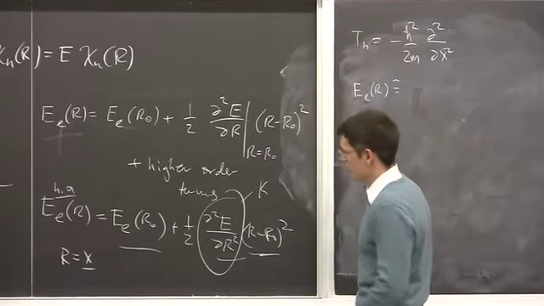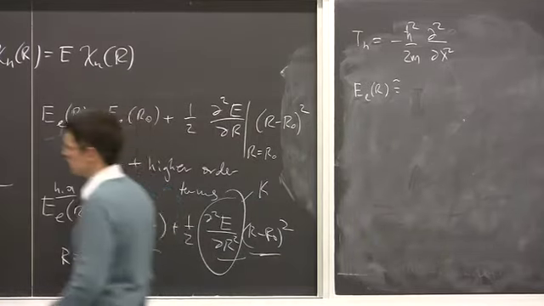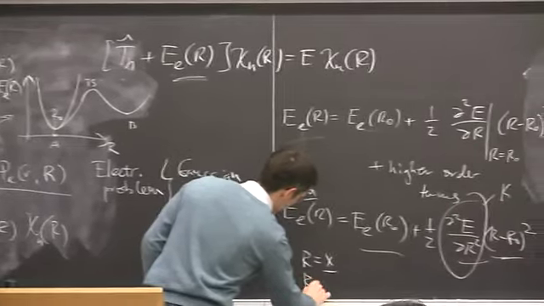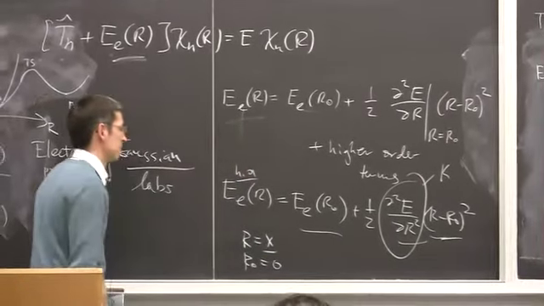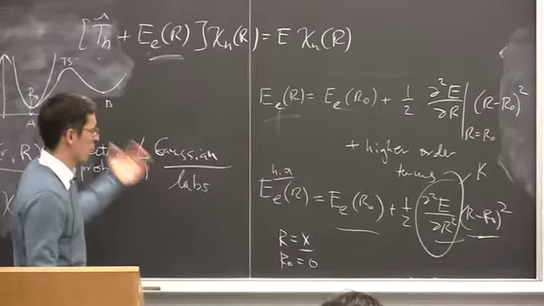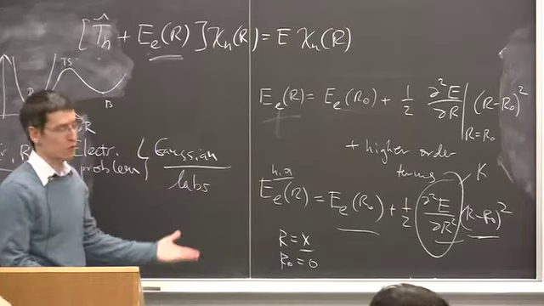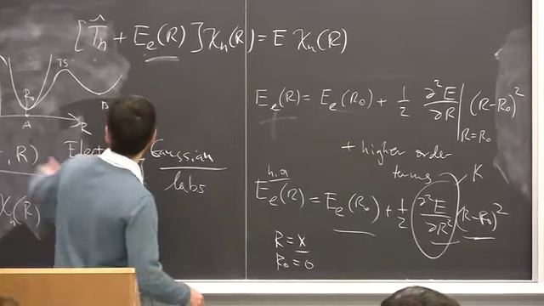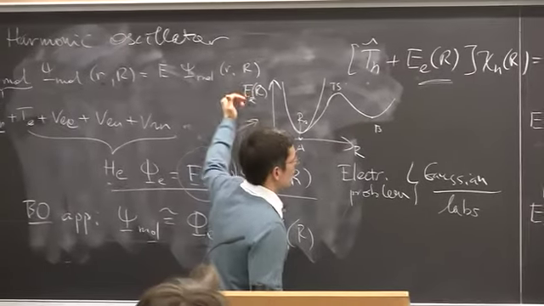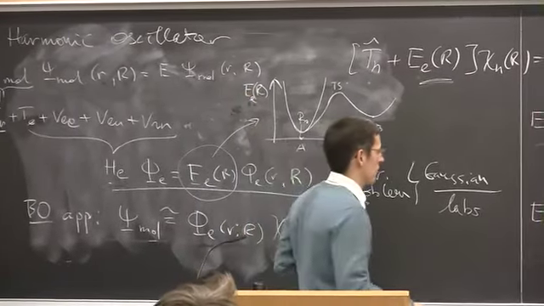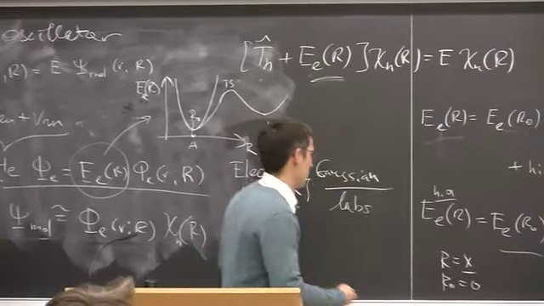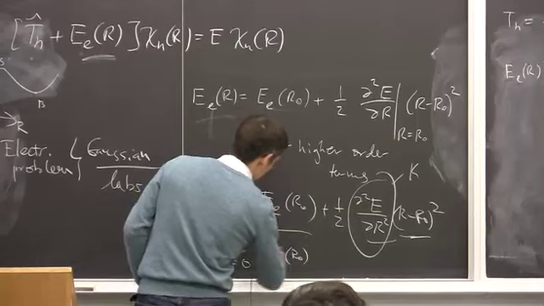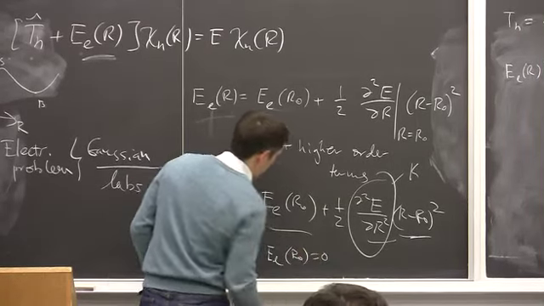And we will choose r0 to be 0. We can always choose the origin of our coordinate system at any point we want, right? So r0 will be chosen at 0, and we will choose the origin of our energy scale so that the electronic energy at r0 is 0.